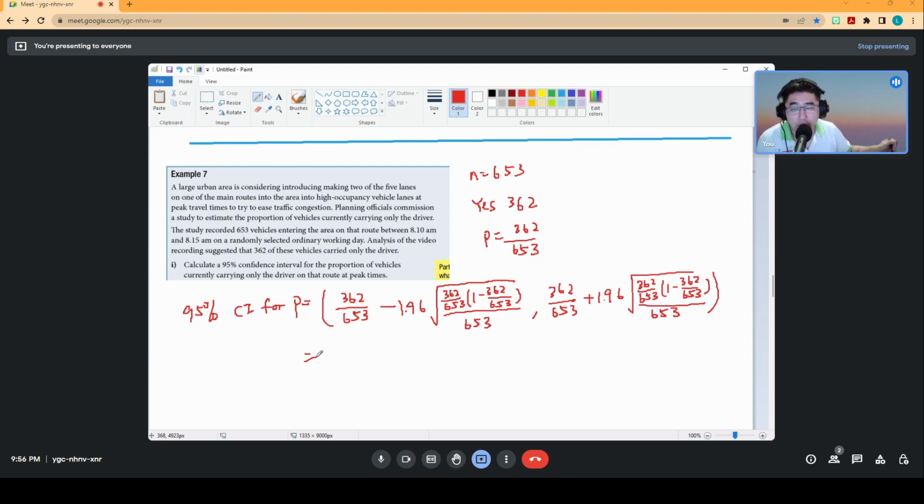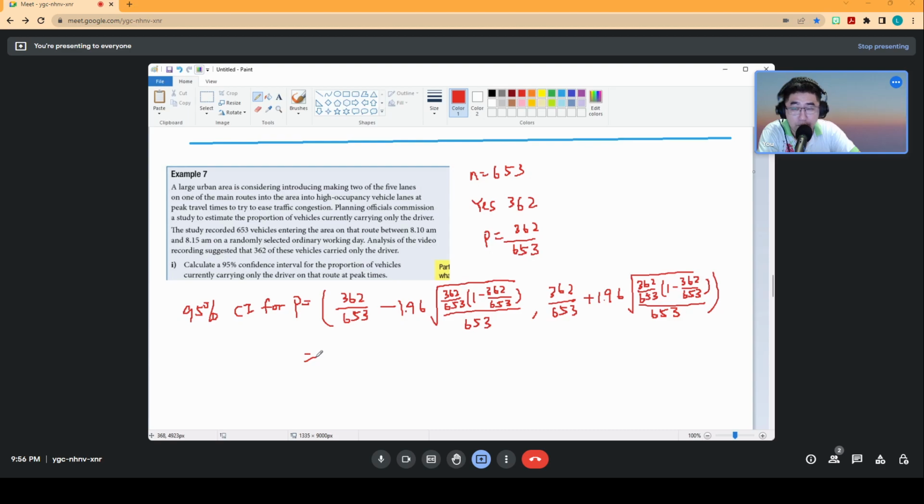And of course in the end you press your calculator: 362 divided by 653, 1 minus answer times 362 over 653, divided by 653, square root, answer times 1.96.